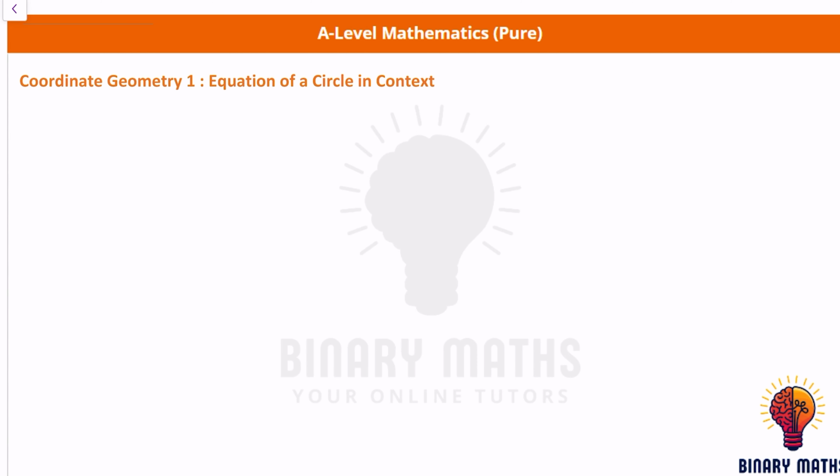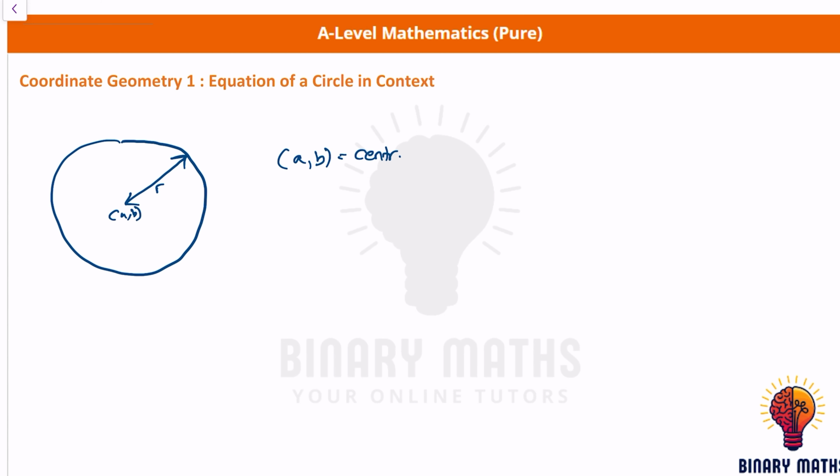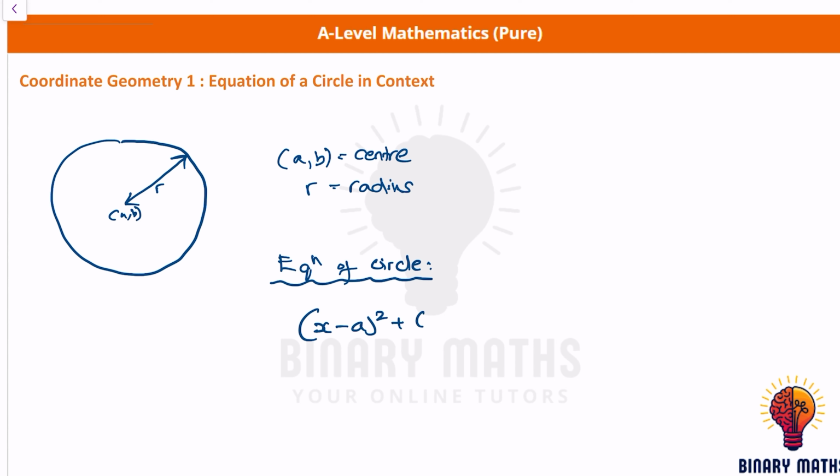Okay, firstly, as a reminder, I need to go through the equation of a circle formula. If you have a circle with center (a, b) and radius r, so (a, b) is the center and r is the radius, then the equation of a circle is (x - a)² + (y - b)² = r².